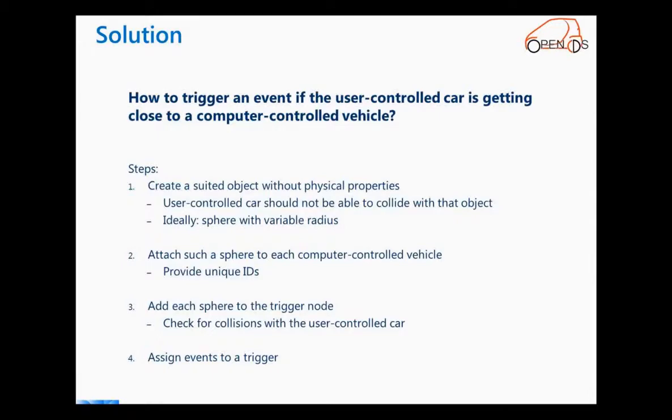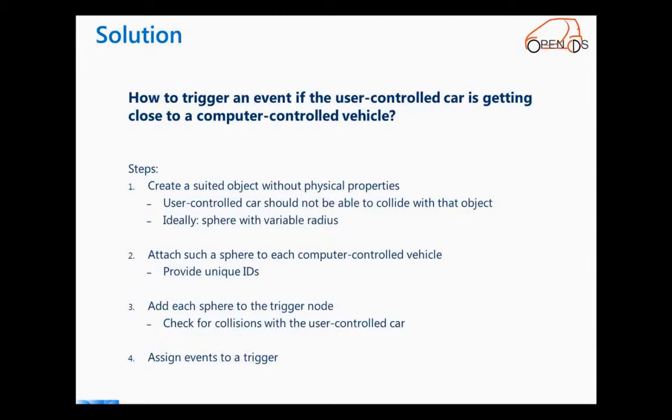Ideally, we would replace the bounding box by a bounding sphere to be able to measure the distance in each direction in a similar way. So the first idea would be to add a bounding sphere around each and every computer-controlled traffic vehicle.